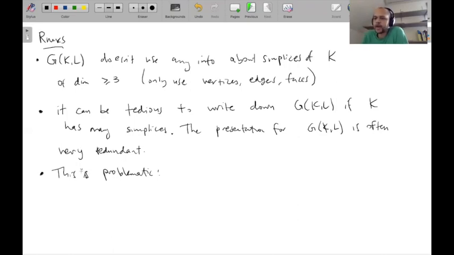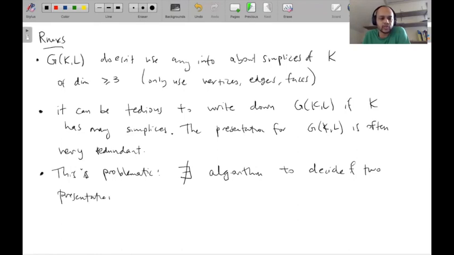So the reason why this is problematic is the following. There doesn't exist an algorithm to decide if two presentations in terms of generators and relations, generators are usually called S and relations are R, let's do it that way, so we say we have some other generating set and some other relations, in general, you can't decide if these define isomorphic groups.